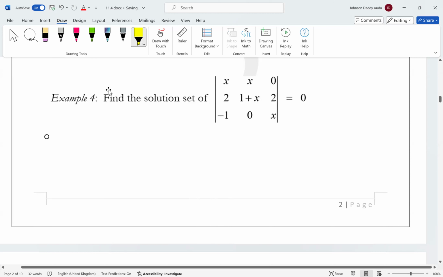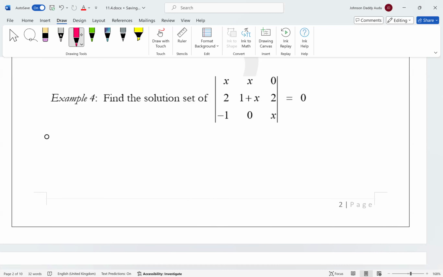For this one, we're told that the determinant is equal to 0, so you want to find x. So what we do is you write your x, 2, minus 1, then x again, 1 plus x, 0, 0, 2.